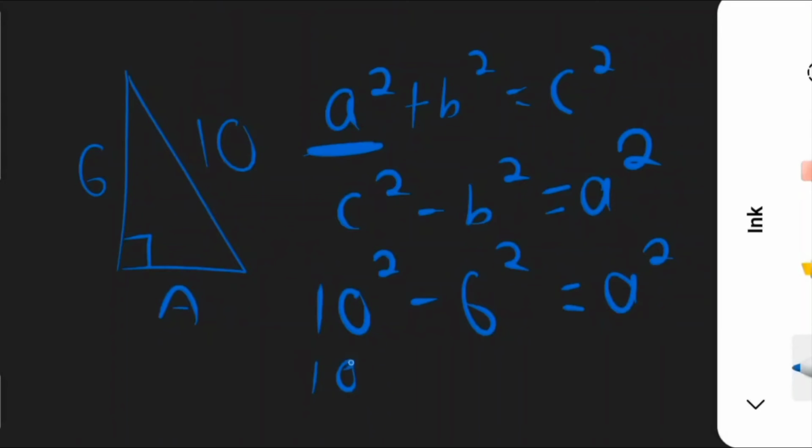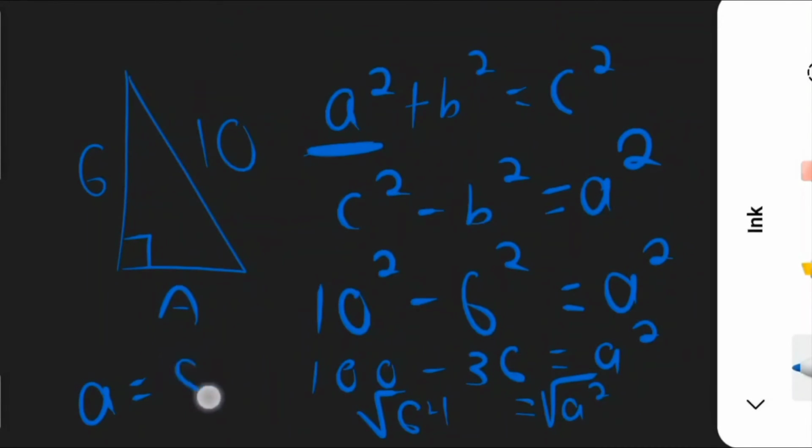So it'd be 100 minus 36 equals a squared. So a squared equals 64. Then we take the square root of both sides, and we find that a equals 8. So the length of this leg is 8.